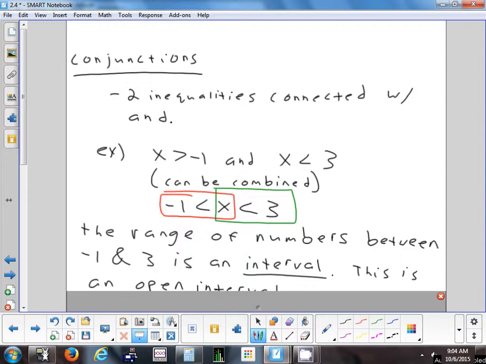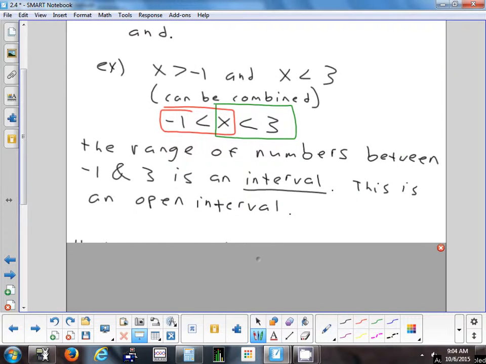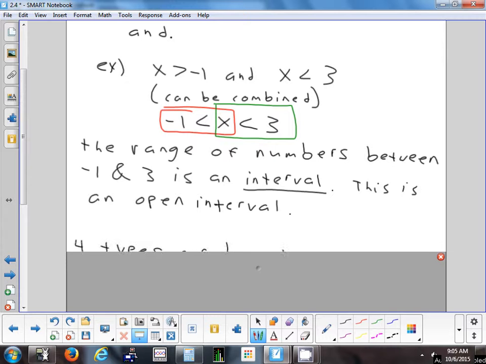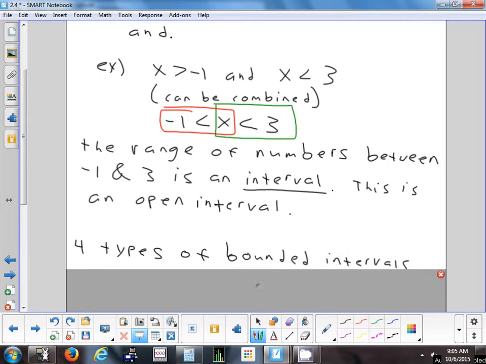The answers here, or the range of numbers between -1 and 3, that's called an interval. Specifically, this is called an open interval. I'm going to go through four different types of intervals right now, and I'll explain what an open interval means.